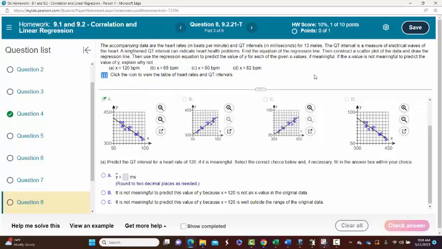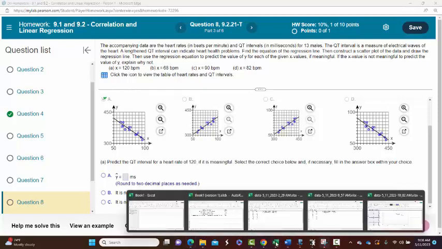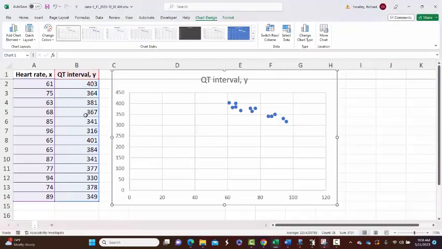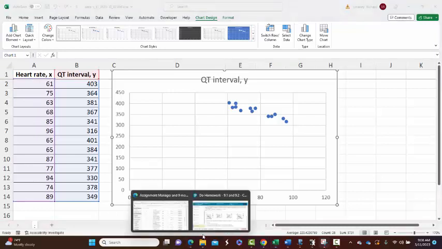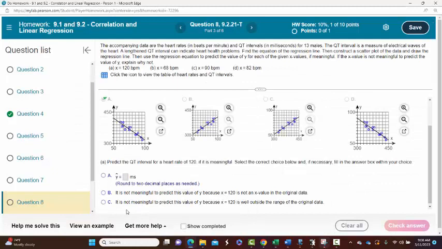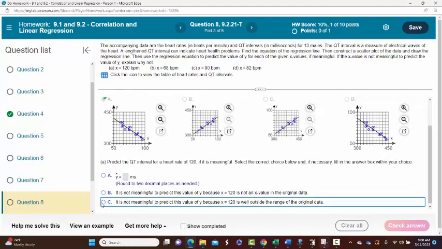And what meaningful is, what I talked about in the lecture, that it's got to be within your range of values. So let's look at 120 for the heart rates. No, 120 is not even close. So we choose it's not meaningful because it's outside the range of the data.